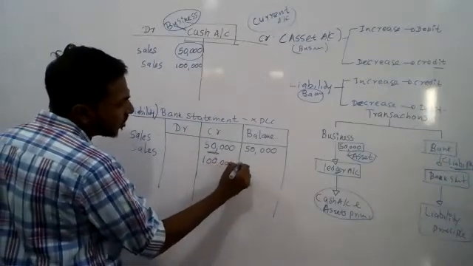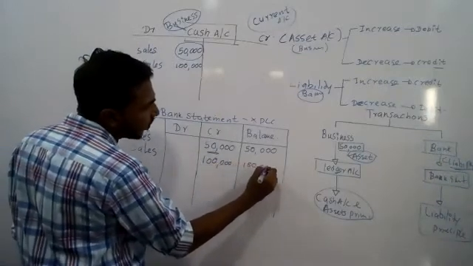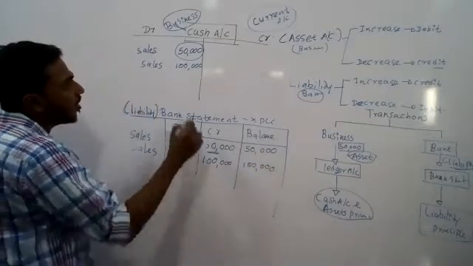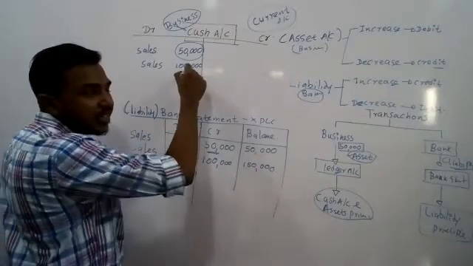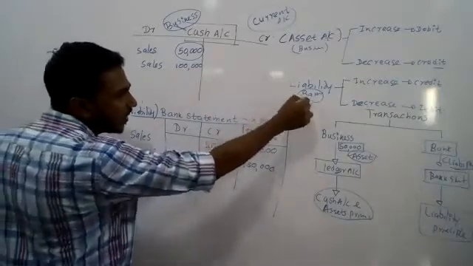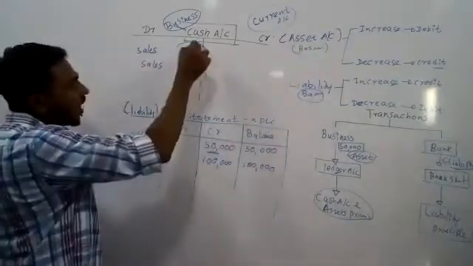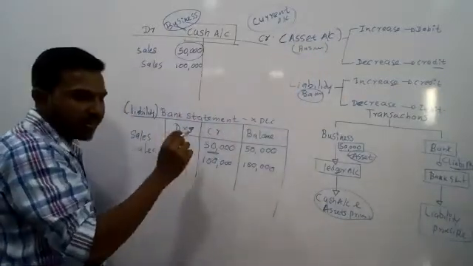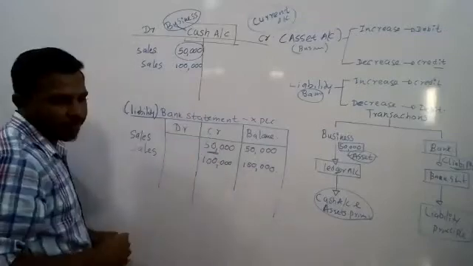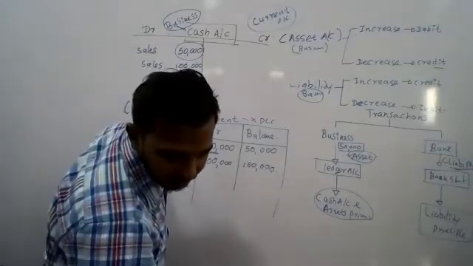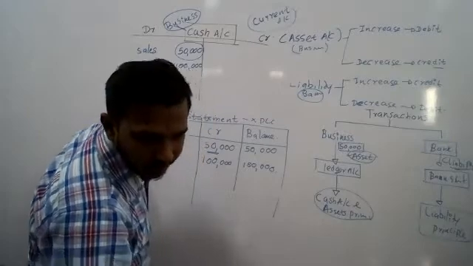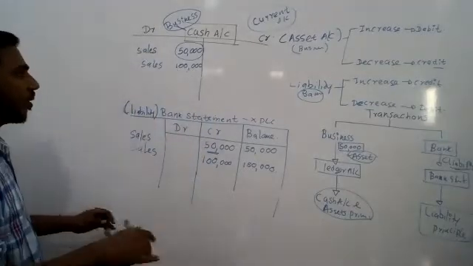So total balance is how much? 150,000. Clear? So for us, it's asset increase, but for them, it's liability increase, credit. So cash account gets debited, and the same transaction would be credited in the bank statement. Right? So that's how it comes.